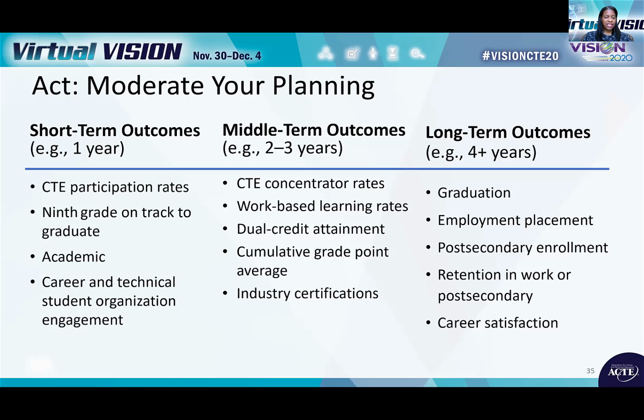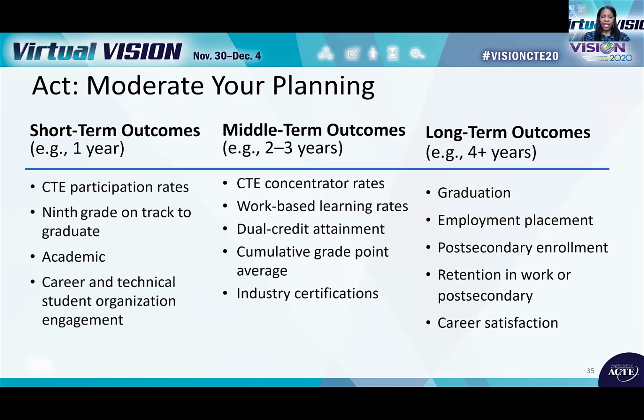So as an example, your long-term goal might be to improve student college and career transitions, but you might have a short-term goal that might be to just assess the student participation in your CTE programming overall. So those, again, show things that are happening now as an outcome versus long-term.